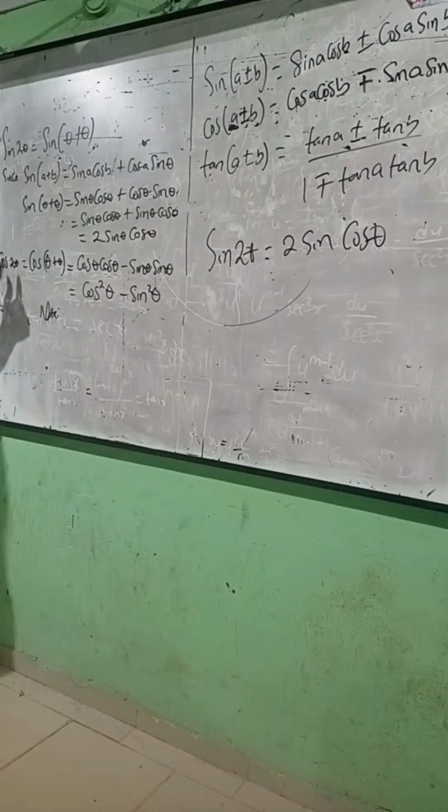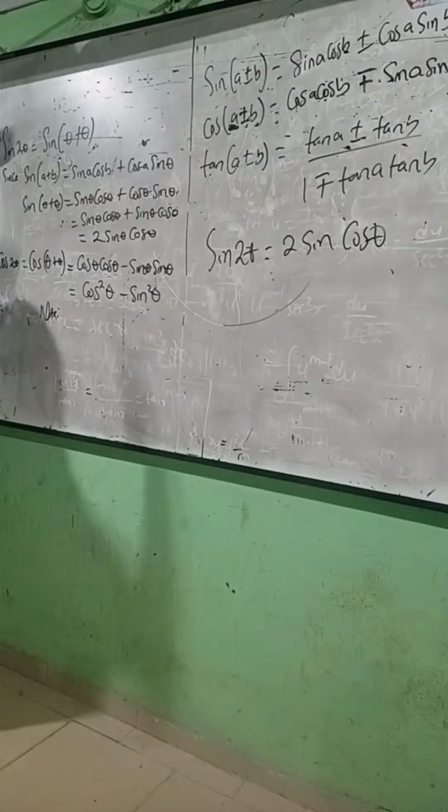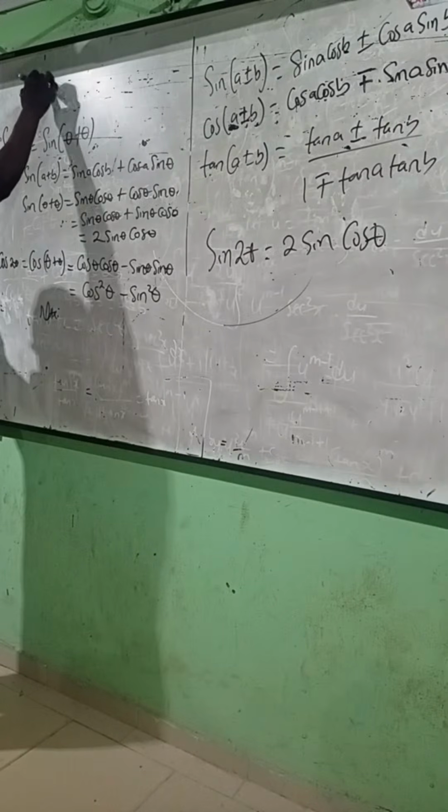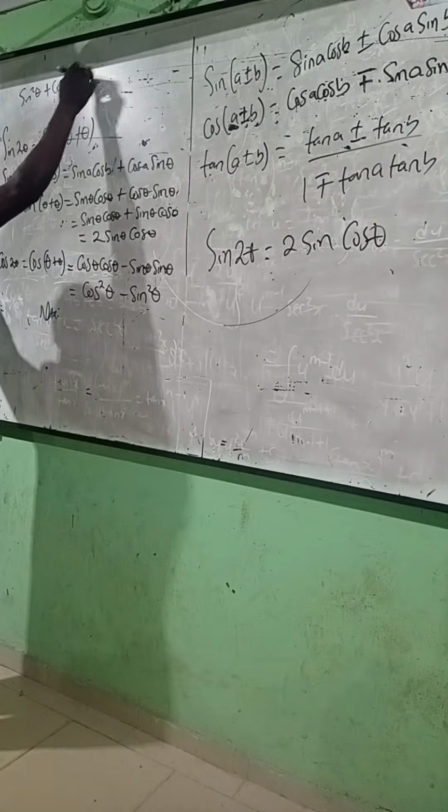Note, cos 2 theta has different identities, so it depends. From the first identity, sin square theta plus cos square theta equals 1.